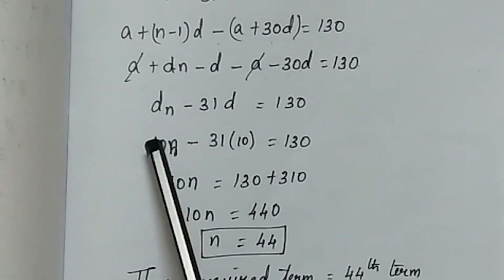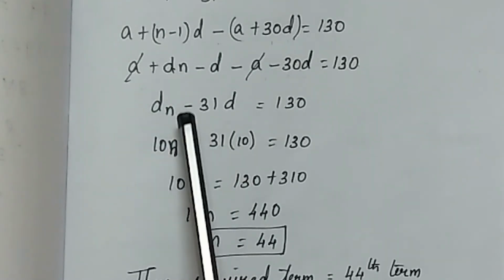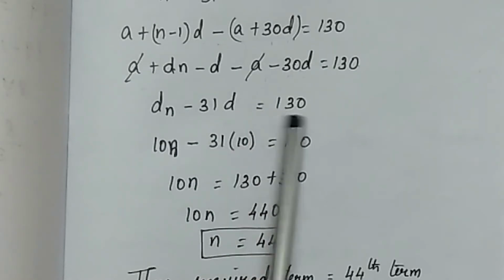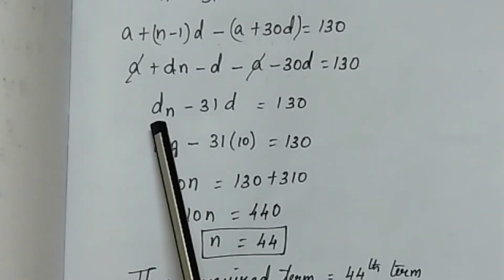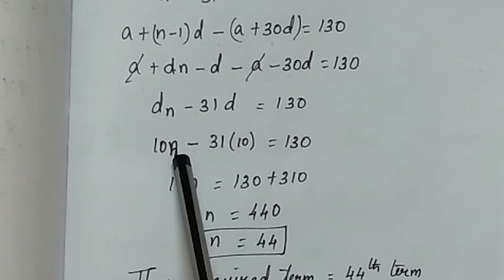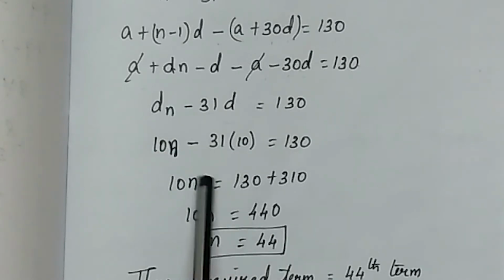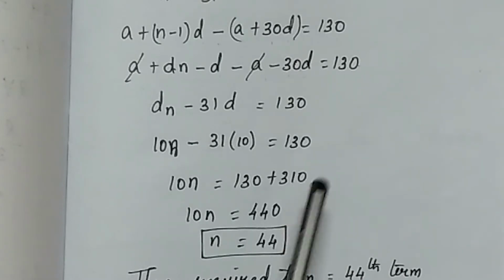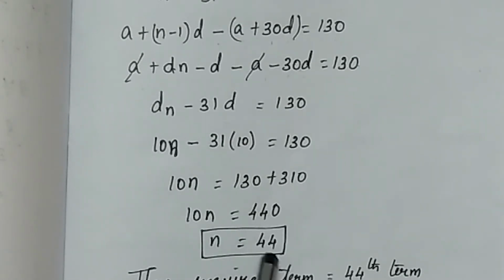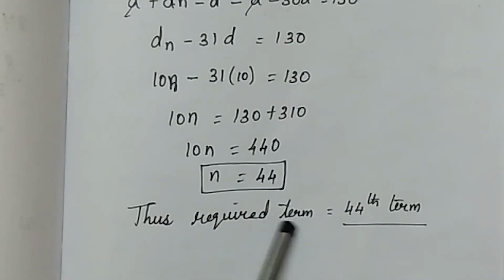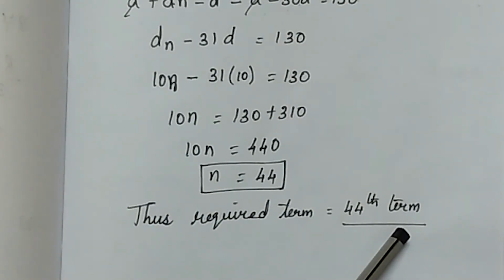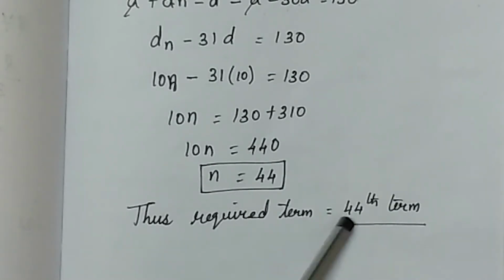You get dn minus 31d is equal to 130, and d is 10. So 10n minus 31 into 10 is equal to 130. Now 10n is equal to 130 plus 310, so n is 44. Then write, thus required term is 44th term.